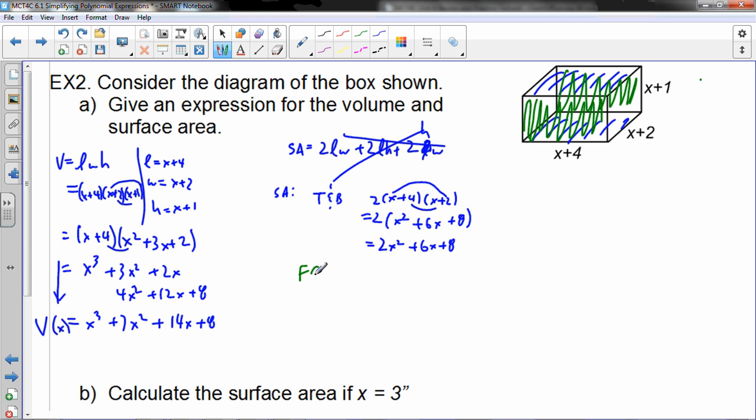Okay, front and back is just 2 of x plus 4 times x plus 1. There's 4. 4 and 1 is 5x. Plus 4 times 1 is 4. Expand that.